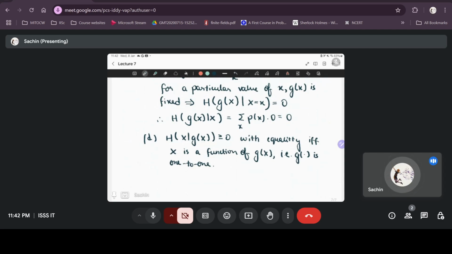So more precisely, if X is a function of g of X and g of X is a function of X, then g is a bijective function.